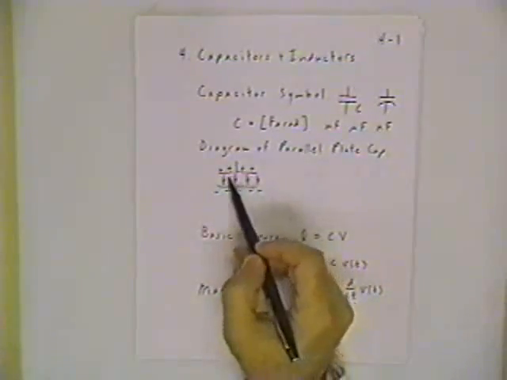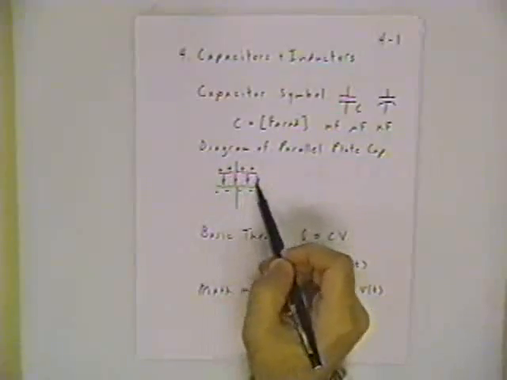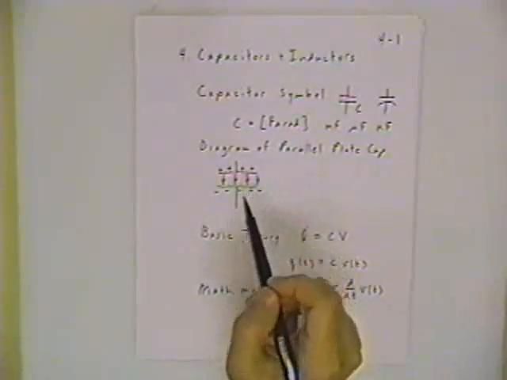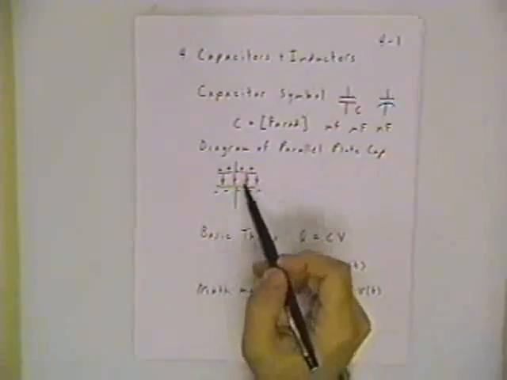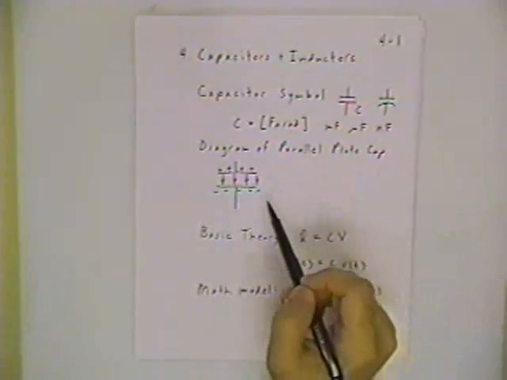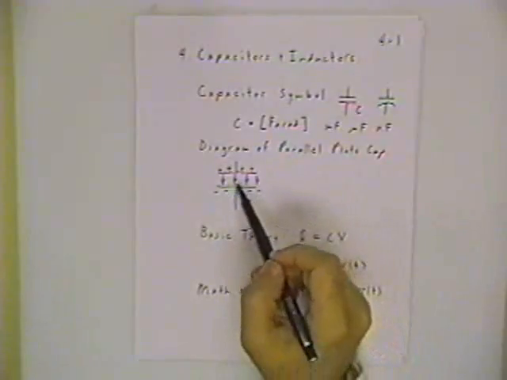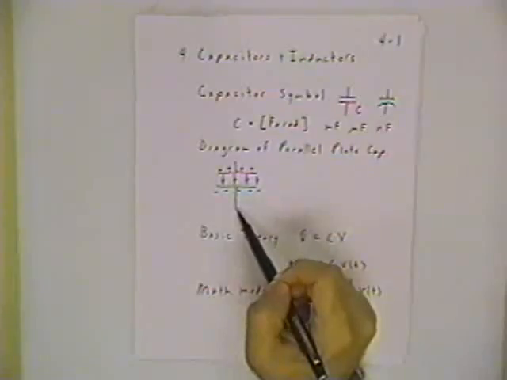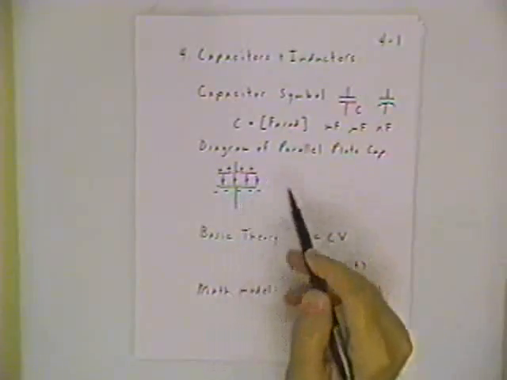This actually is a form of energy that's being stored in this capacitor. That's one of the things that makes a capacitor extremely useful: it can temporarily store energy and release it back to the circuit at a later time, or it can be used to change the rate at which energy is flowing from one portion of a circuit to another.